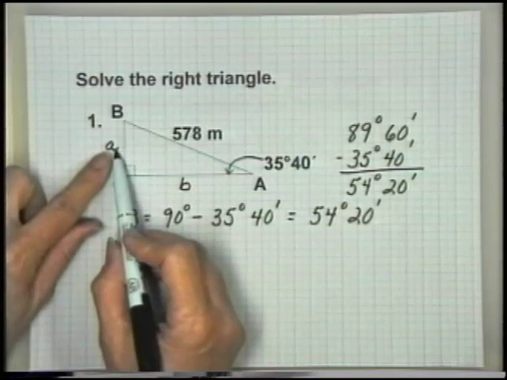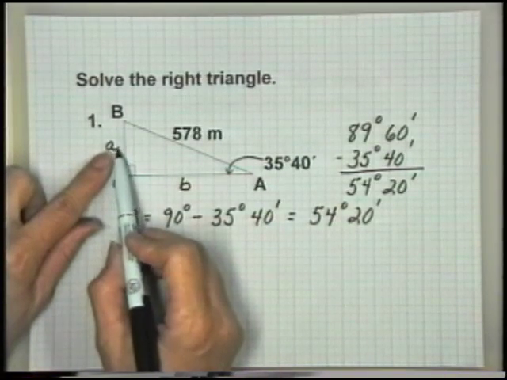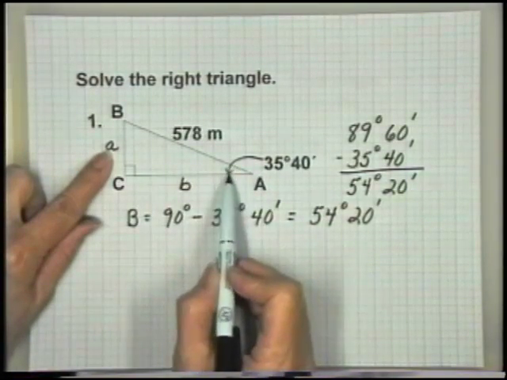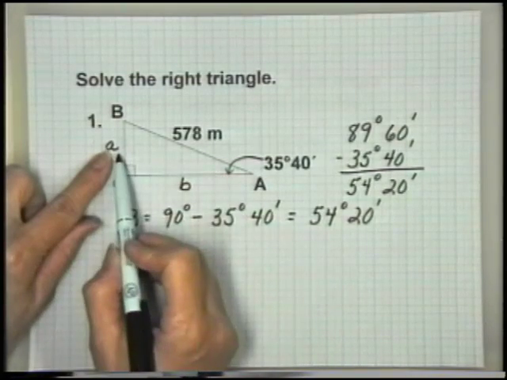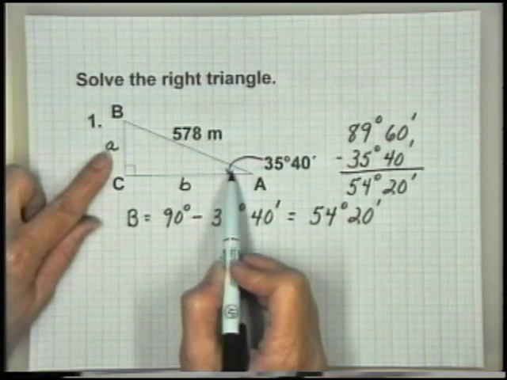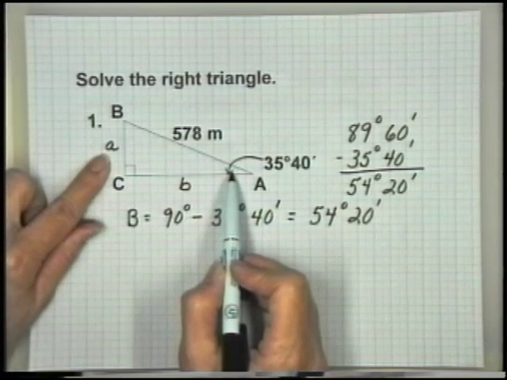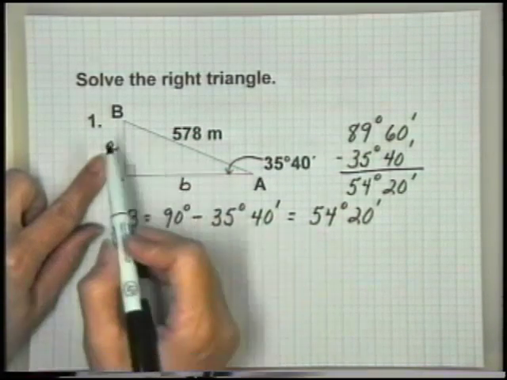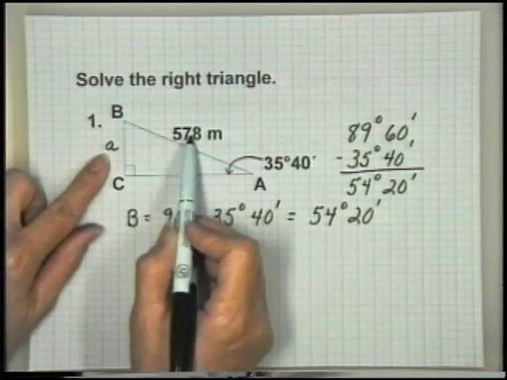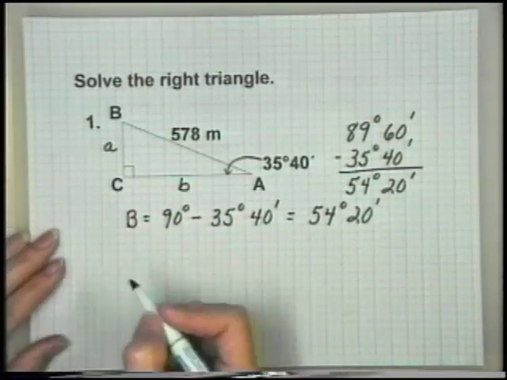Let's find side A first. Well, let's see how side A, the hypotenuse, and angle A relate. Side A is opposite angle A. So what we do is we figure out what trig function for angle A is composed of opposite and hypotenuse.